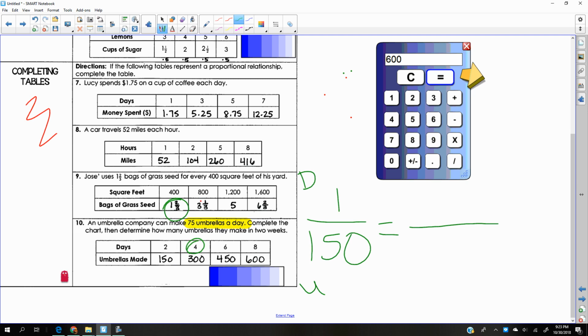So that's 14 days. Now remember, the days are on the top, so we got to put the 14 up here. And then we cross multiply. 150 times 14 equals 2,100. And then we divide it by what's left over, which is 1, and we get 2,100.